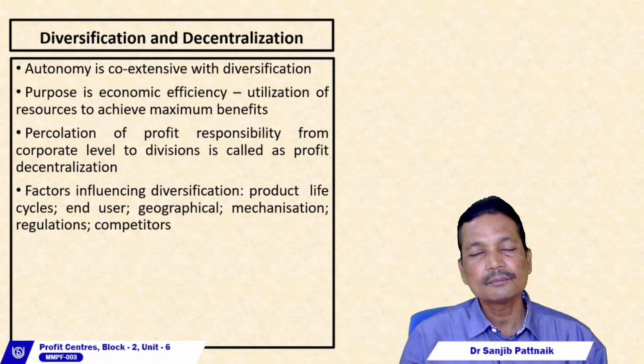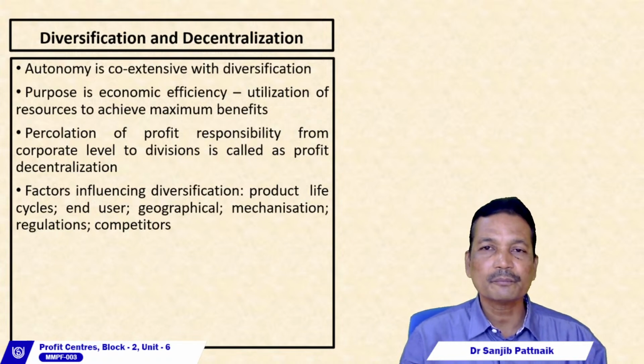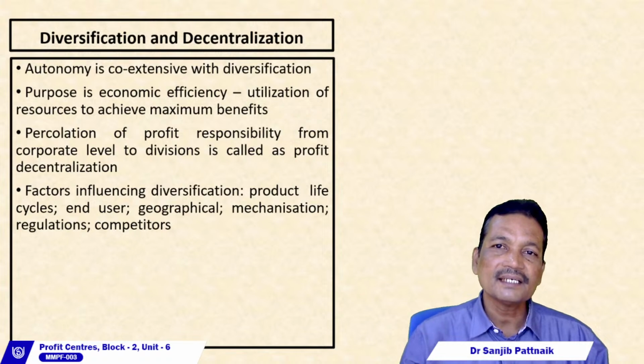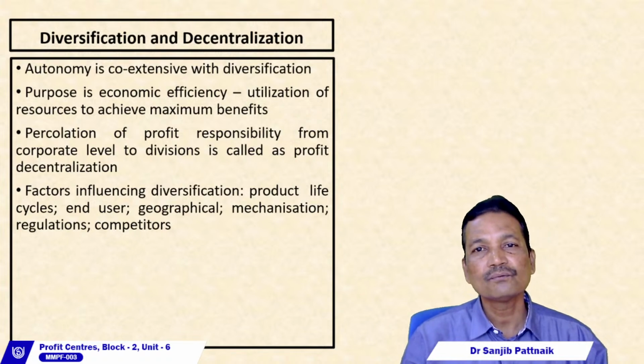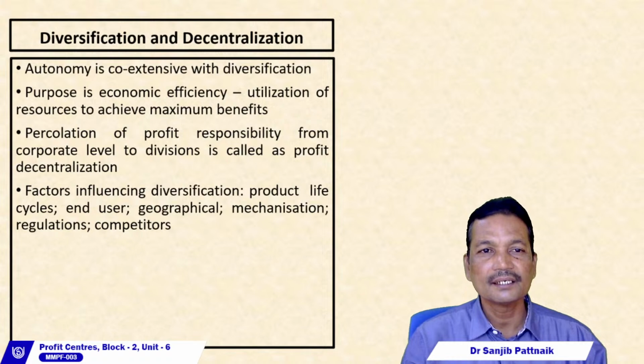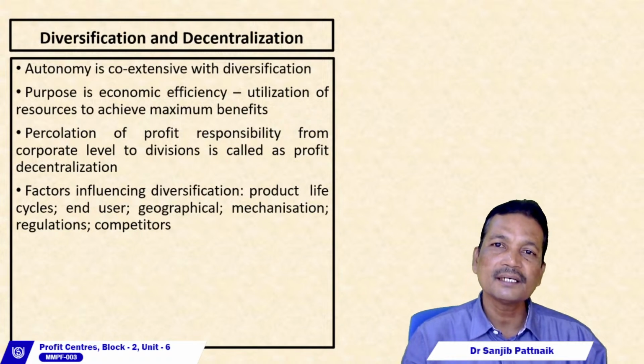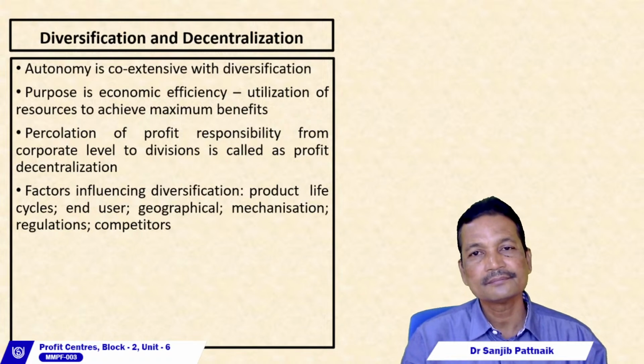Suppose a particular corporate has decided the profit to be rupees 100. It has, suppose, four separate divisions which are producing diversified products.